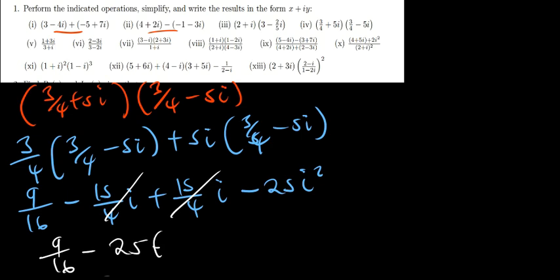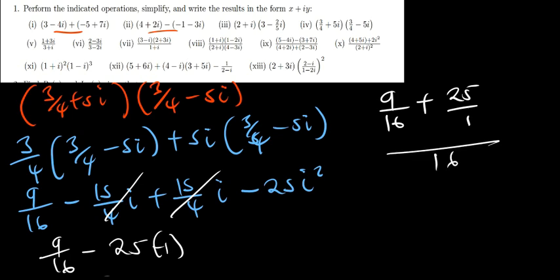i squared is negative 1, so I've replaced that with negative 1. So I'll have 9 over 16 plus 25, now because of negative 1 and negative 25. Here there's 1, so I'll say the common denominator is 16. 16 into 16, 1 times 9 is 9. 1 into 16 is 16, then 16 times 25.